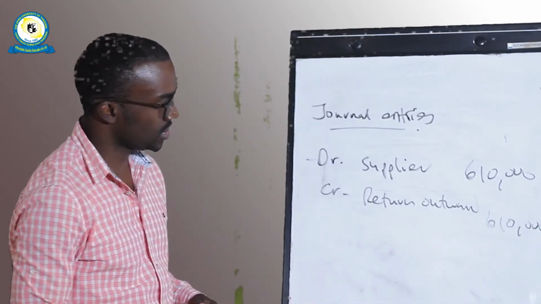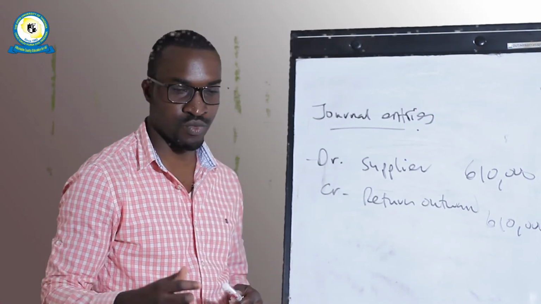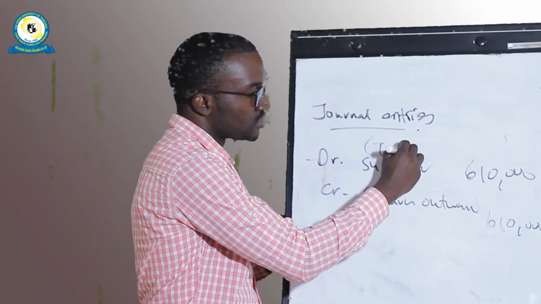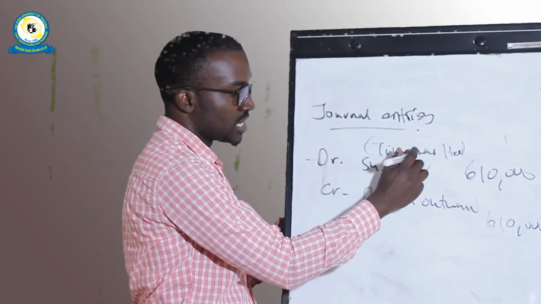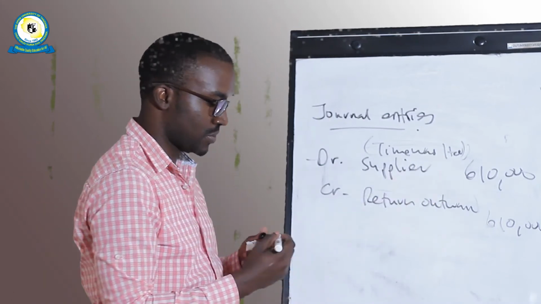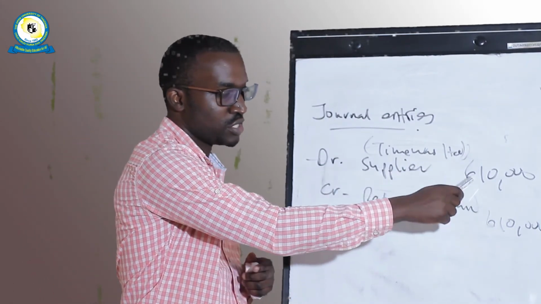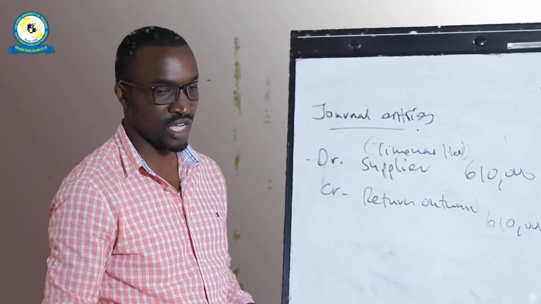Okay, I hope it makes sense. And you can even name your supplier from this question that we're given. The supplier was Time Was Limited. This is the name, so you can write Time Was Limited instead of writing supplier, whatever the case. But the very important thing is for you to understand this transaction and to have proper journal entries that reflect the actual transaction.